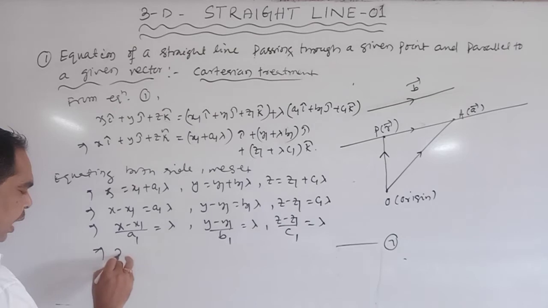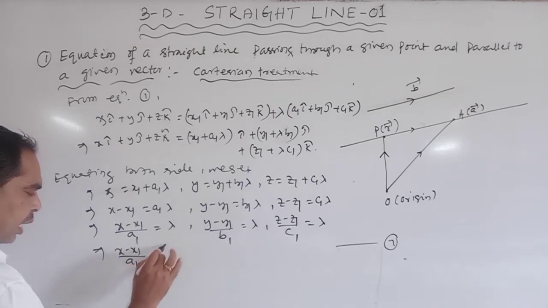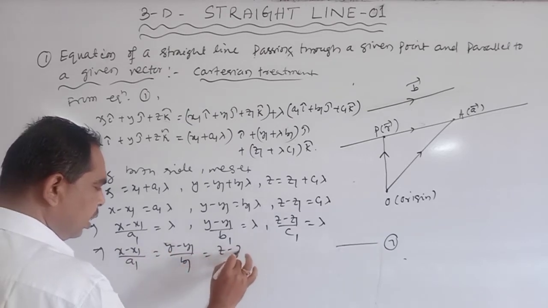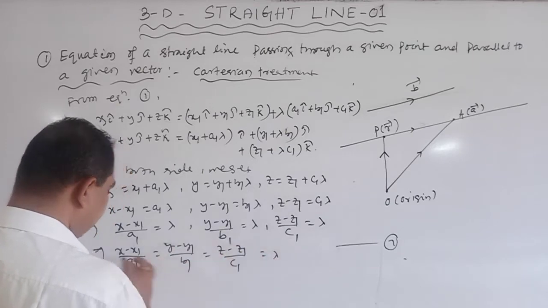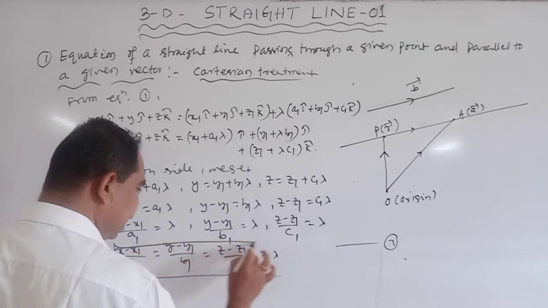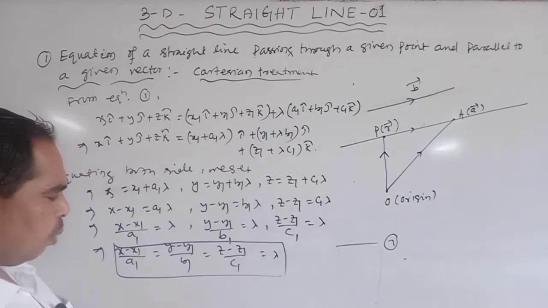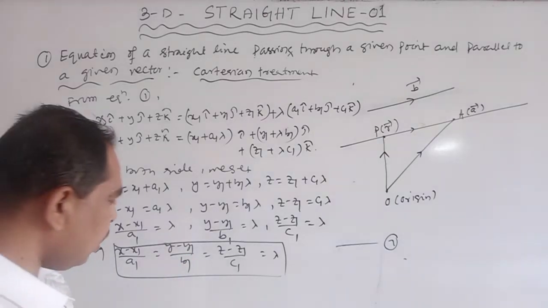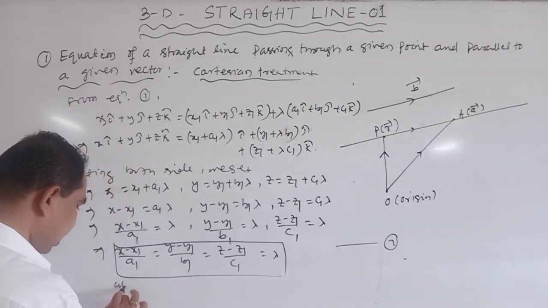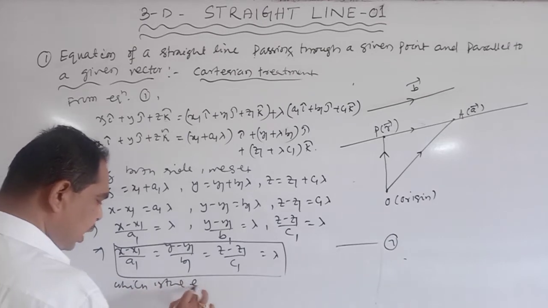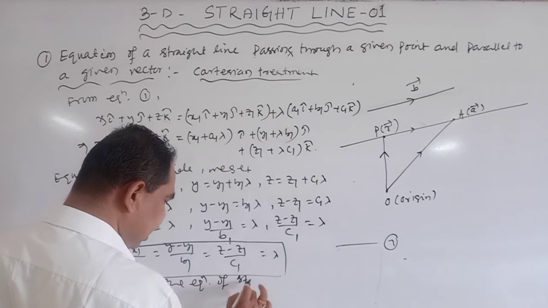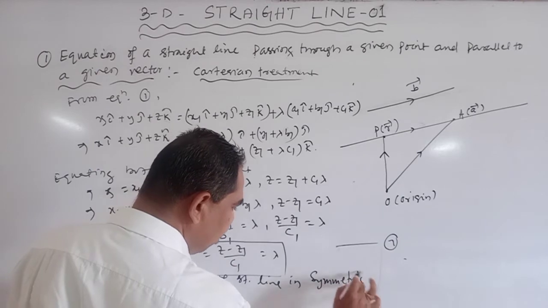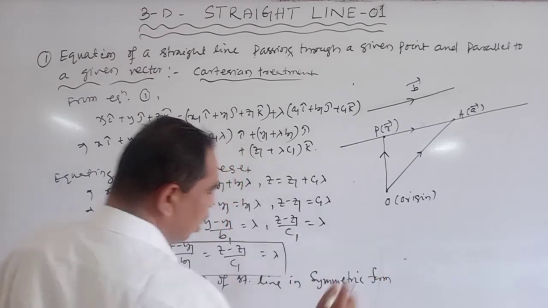So x minus x1 by a1 is equal to y minus y1 by b1 is equal to z minus z1 by c1 is equal to lambda. This is the equation of a straight line passing through a fixed point with direction ratios a1, b1, c1, which is the equation of a straight line in symmetric form.